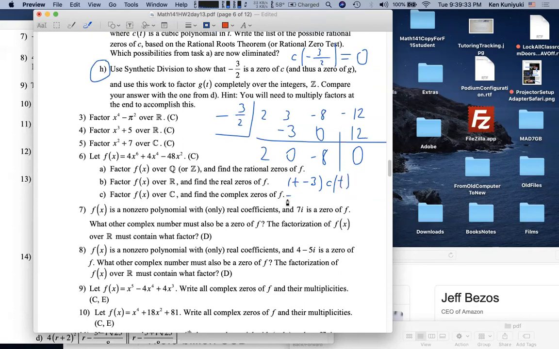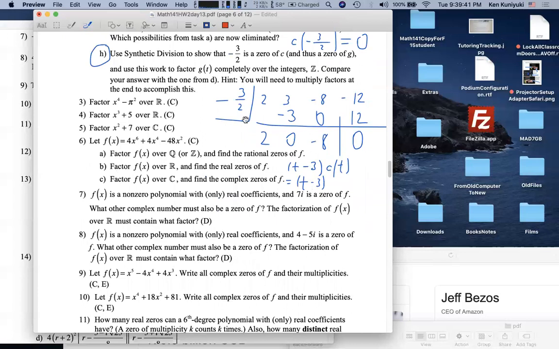All right. But what happened? -3/2 is a 0 of C. So that means that t plus 3/2 is also a factor.